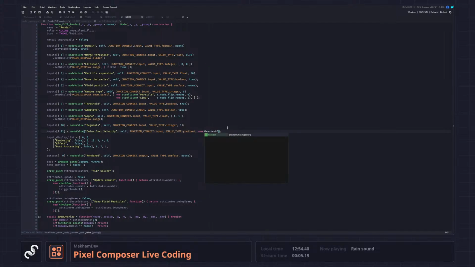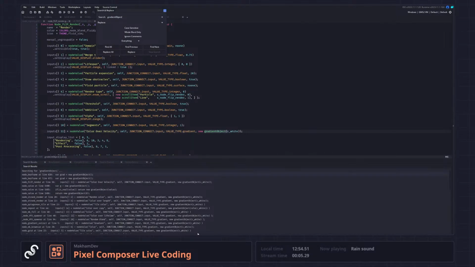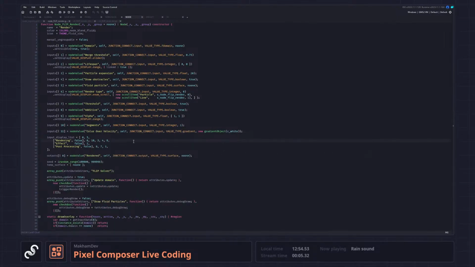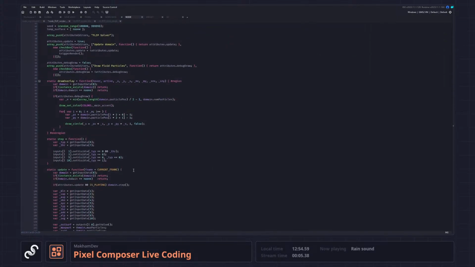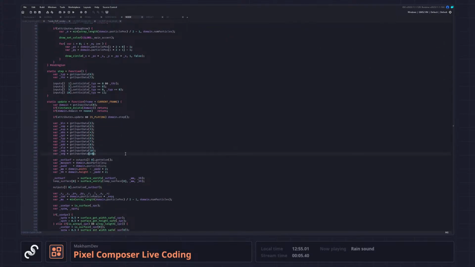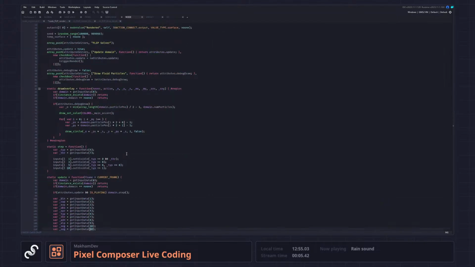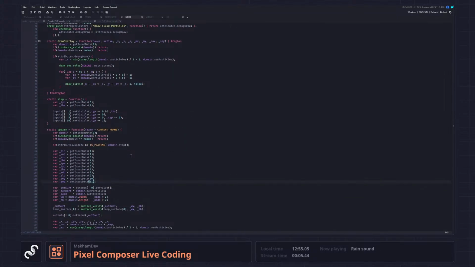New gradient object of white. Put that before the effect, color over velocity. So we have color, CVL.